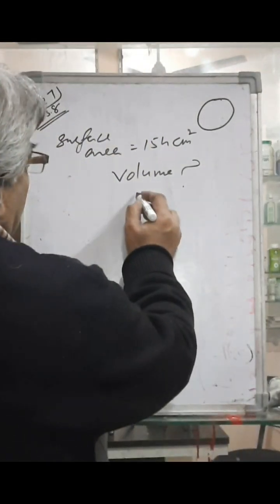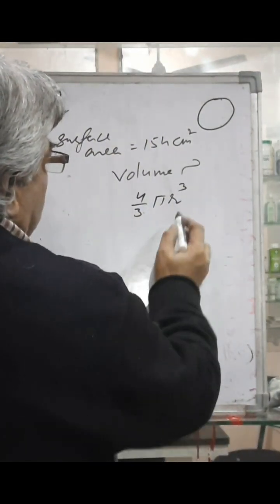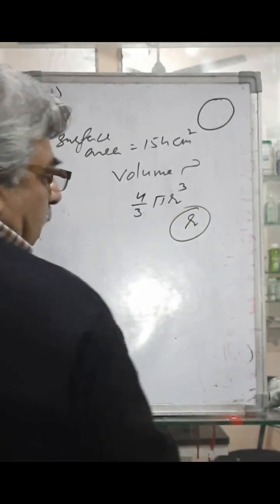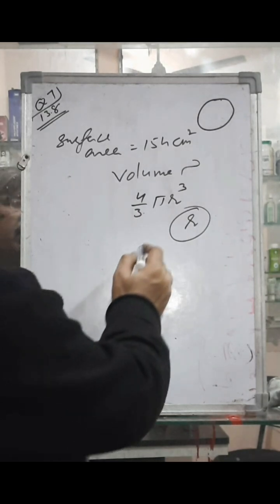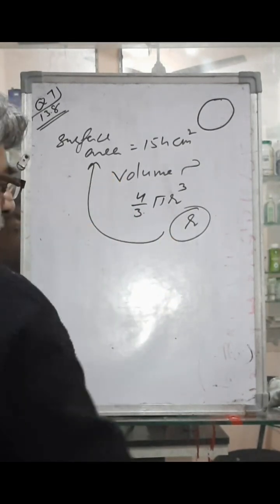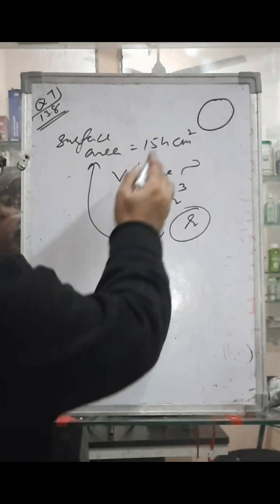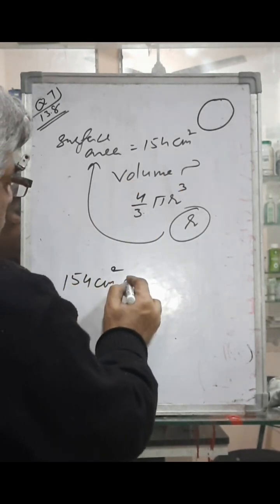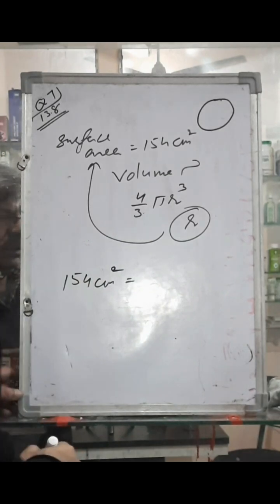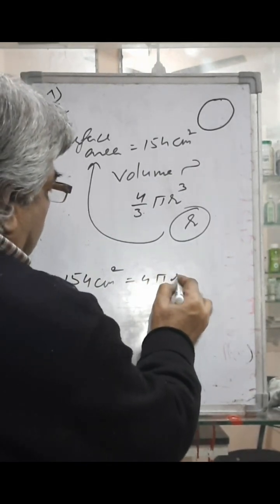The volume of the sphere is 4 by 3 pi r cube. So we have to find r. And this r will be calculated using the surface area. So surface area is 154 centimeter square, and the surface area of a sphere is equal to 4 pi r square.